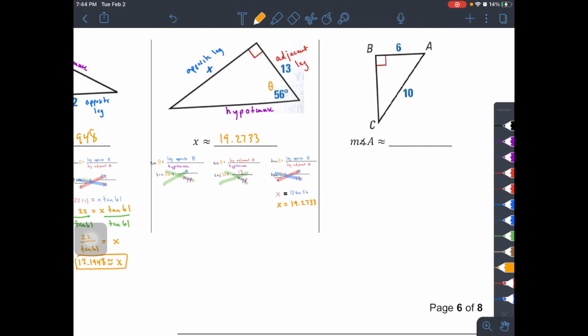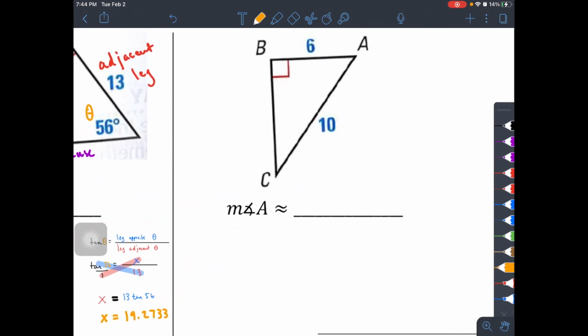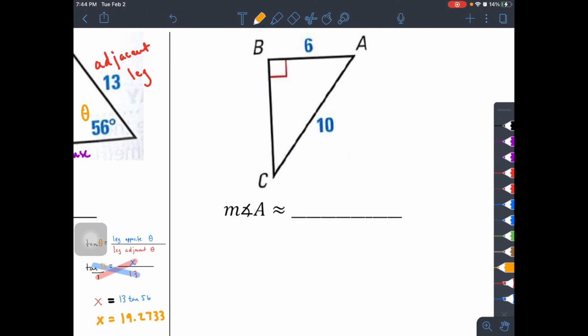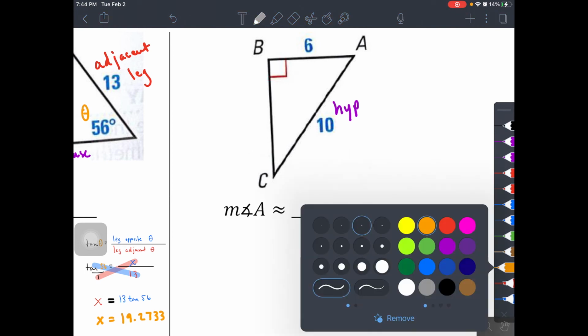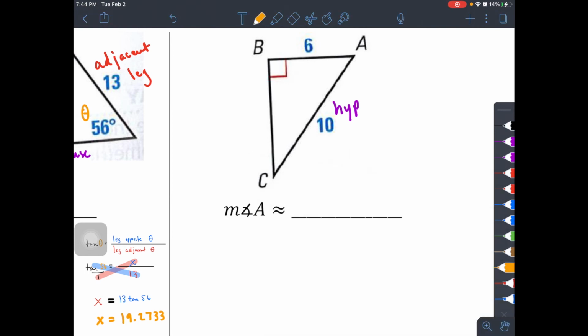Okay. So our last example here. Let's take a look. We're going to do the same thing again. Label our triangle. Now, in this particular problem, we have a missing angle.